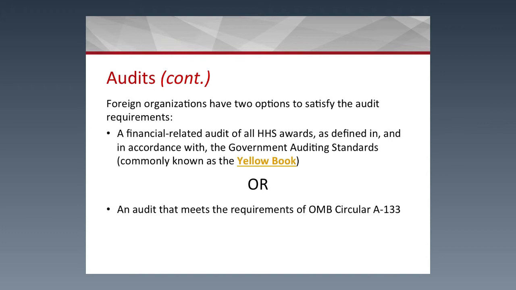And A-133 is the Office of Management and Budget Circular on audits. It has very detailed information about the requirements, and this is where you can find the other option of having an audit performed.